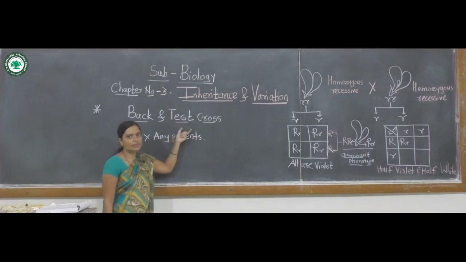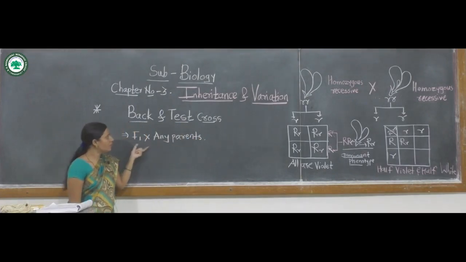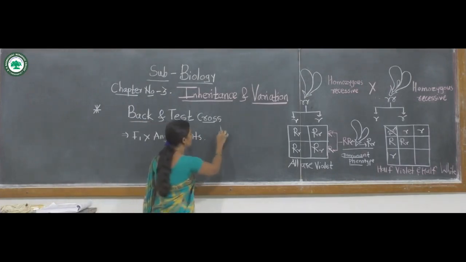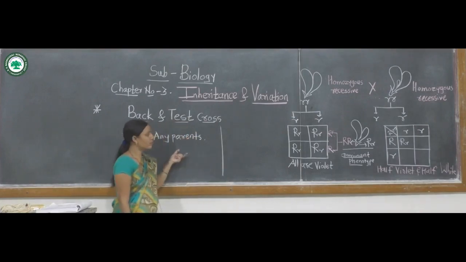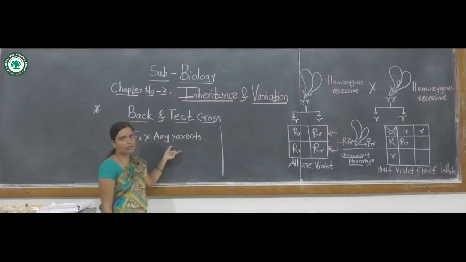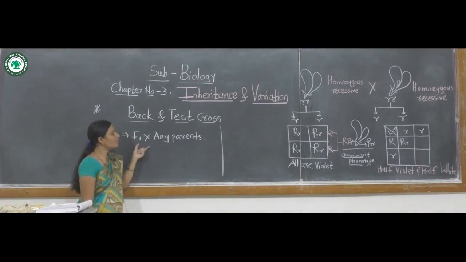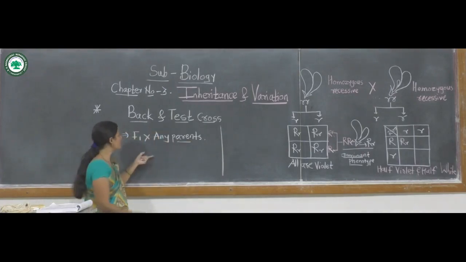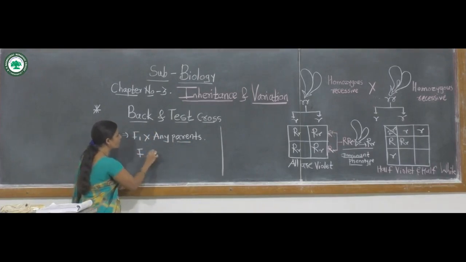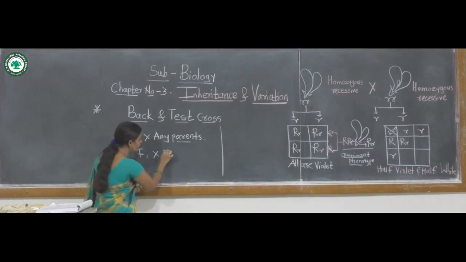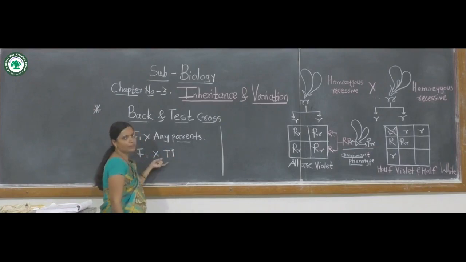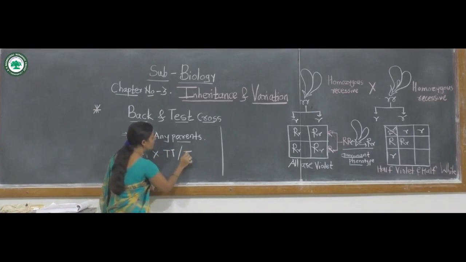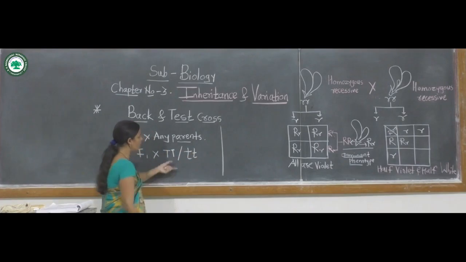And another is test cross. Now the difference between the two crosses, test cross and back cross. The back cross means the F1 is crossed with any one of the parents, whether the parent is dominant or recessive, for example, capital T capital T or small t small t.